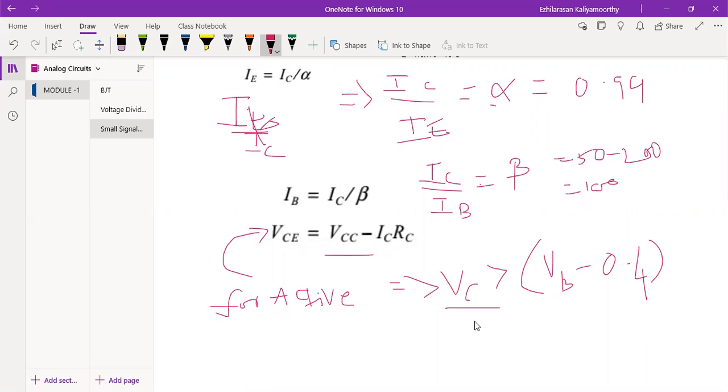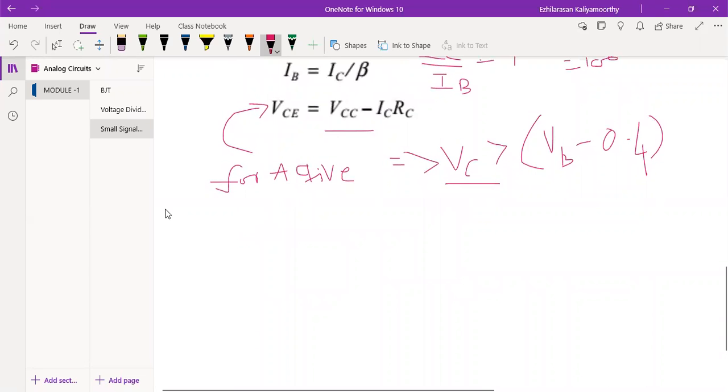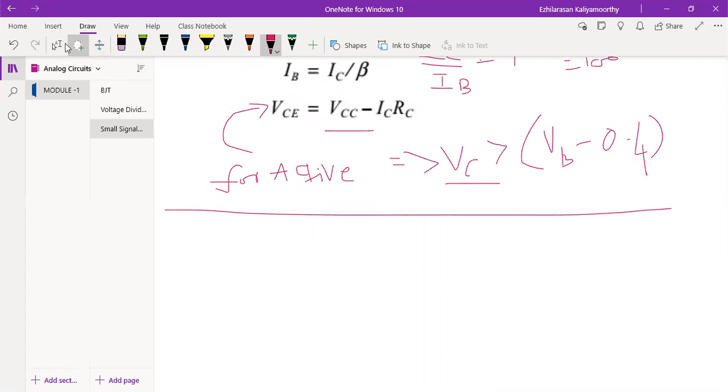Now let us see what the different models are in small signal operation. The first one we are going to study is the collector current and the transconductance.